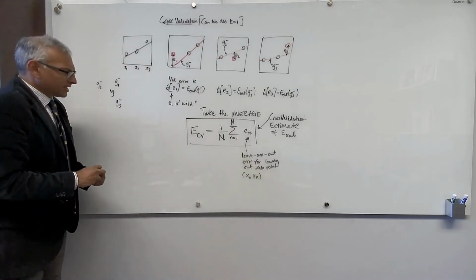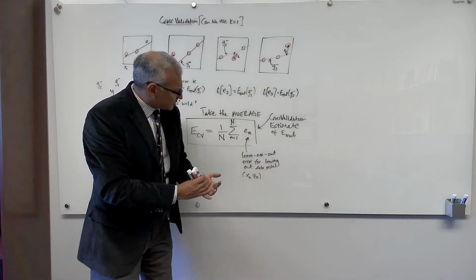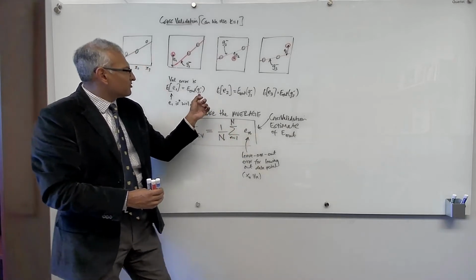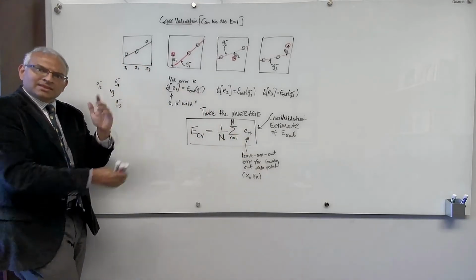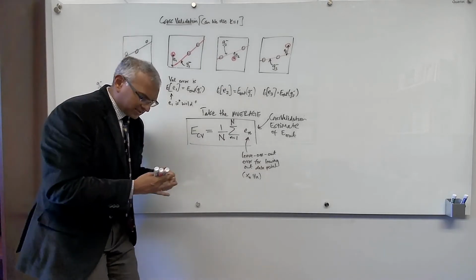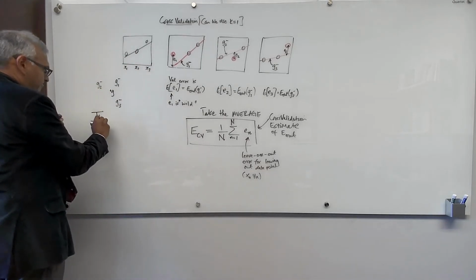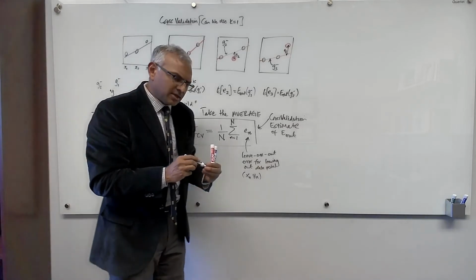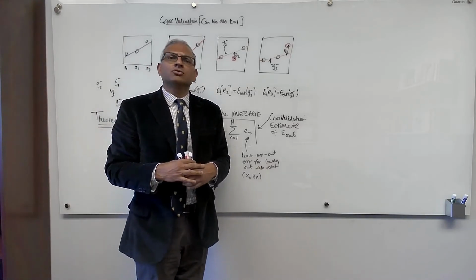Now, let's see what's going on. Each of these little estimates is an estimate for the out of sample error of a function that's close to G, and then I'm just taking the average. In fact, theorem. Let me define E out of n minus 1.